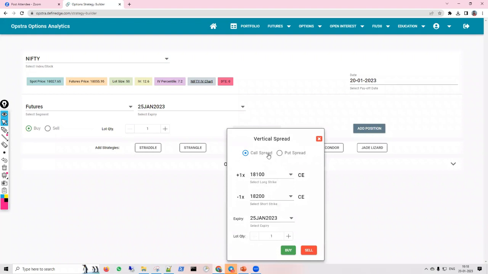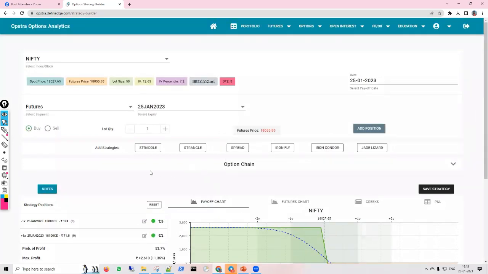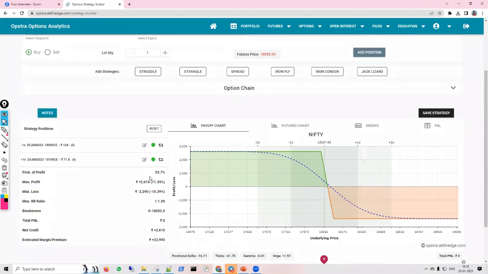What spread? We are going to initiate a call spread. Right now it is at 18,027. So what I'm going to do is sell the closest CE, and buy the next CE.